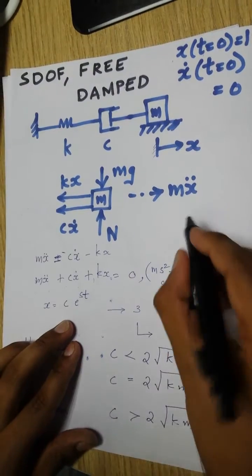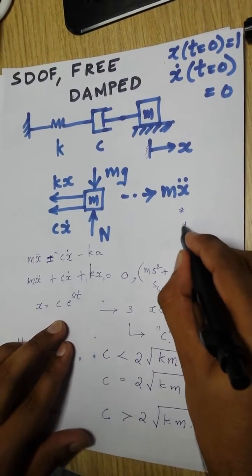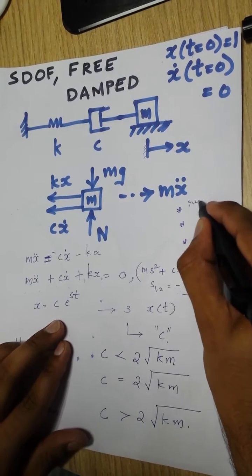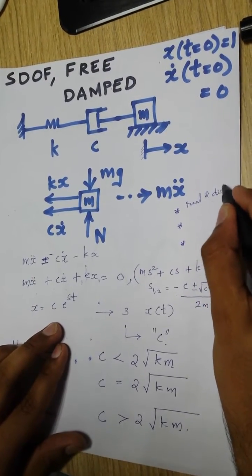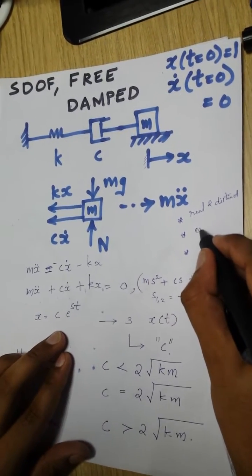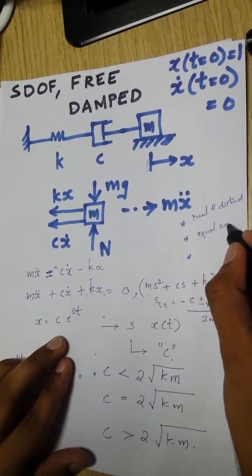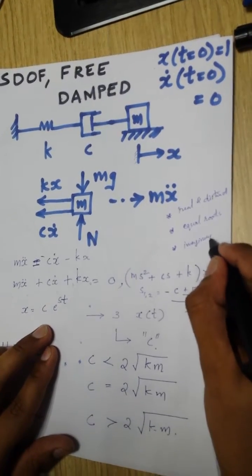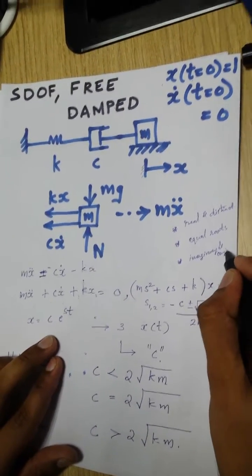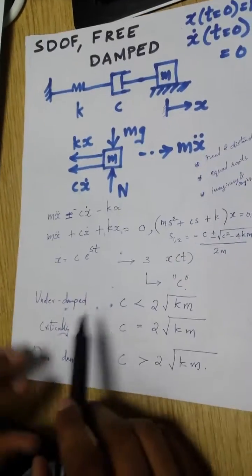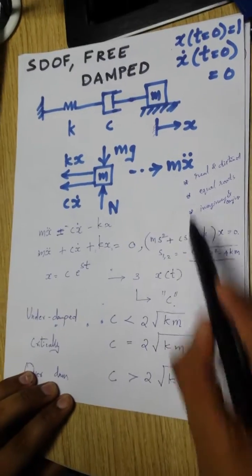I hope you remember that a quadratic equation has three kinds of roots. Real and distinct roots is the first case, then equal roots, and then the other is imaginary and conjugate. So there is a physical relevance as well.